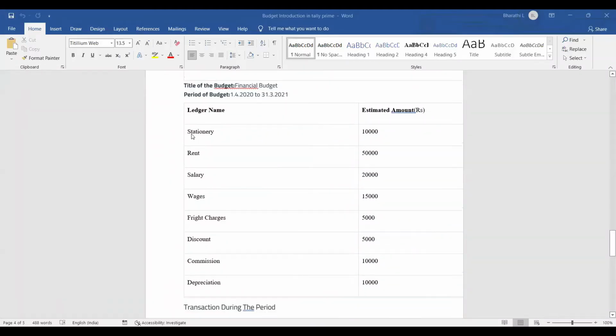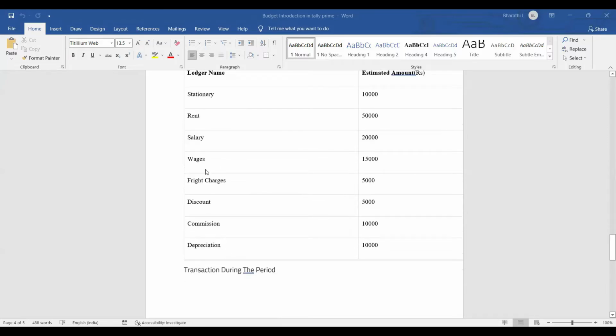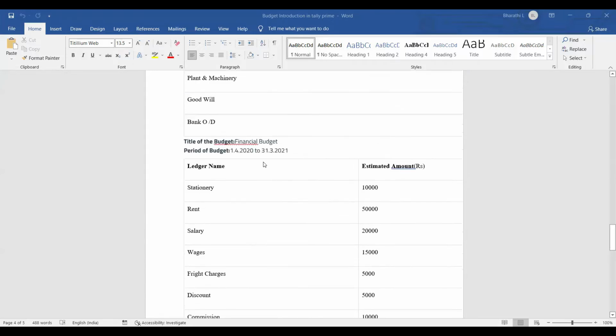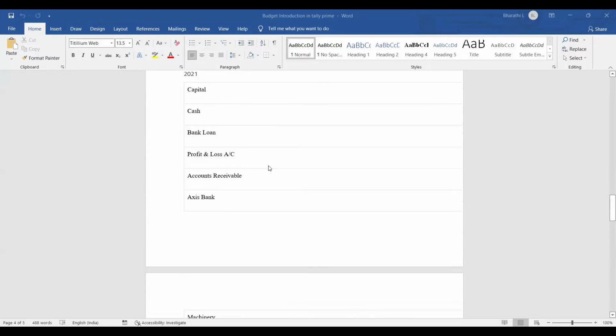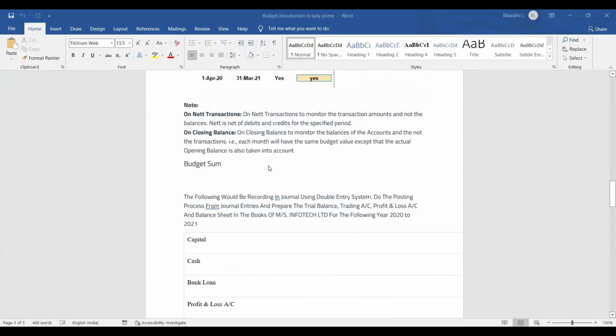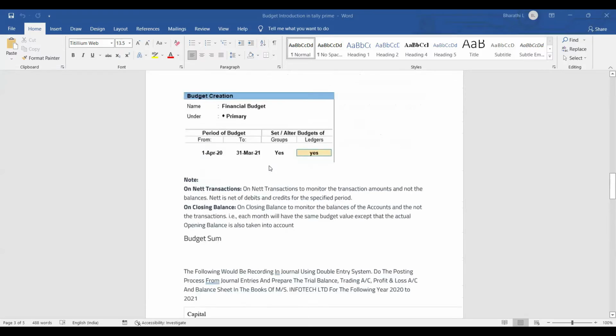In this estimation, stationery, rent, salary, all these are indirect expenses. Wages and freight charges are direct expenses, no? So both groups, direct expenses and indirect expenses, are here. How to do that we will see now.